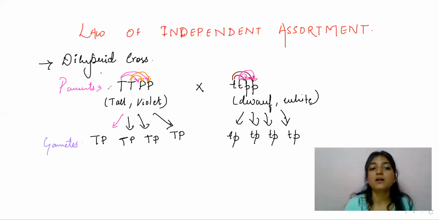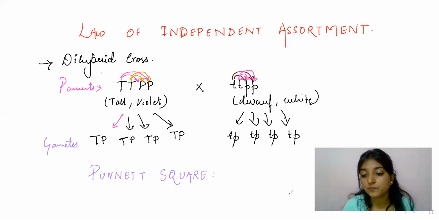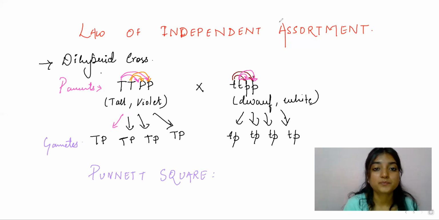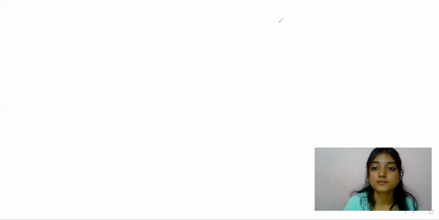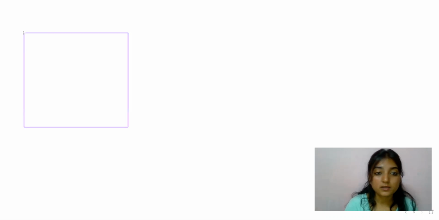Now after making gametes, we usually make a Punnett square. I already told you what a Punnett square is. We are going to make the F1 generation for this now. So I will make a table.